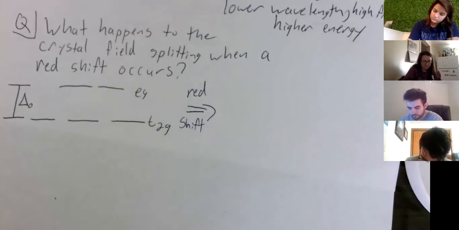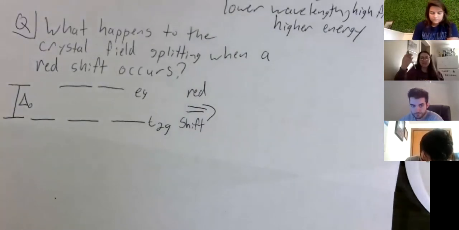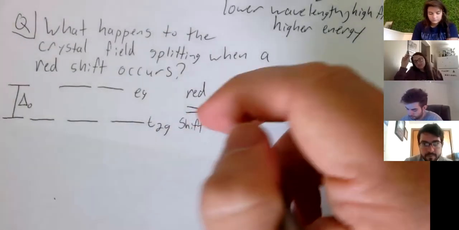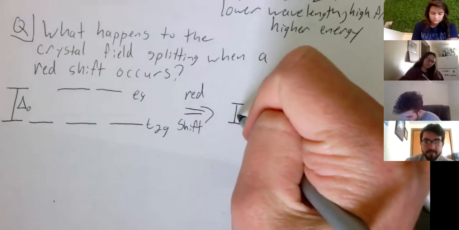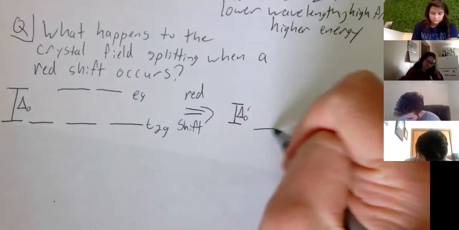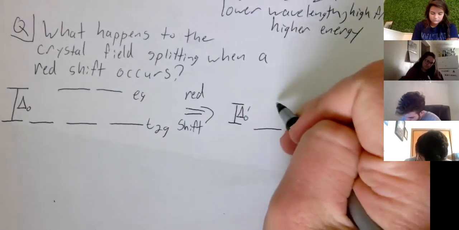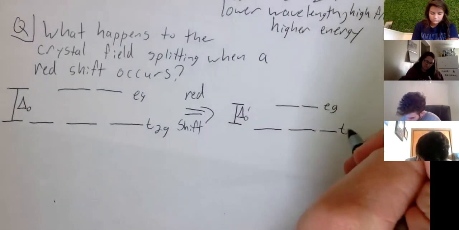What's going to happen there? The energy is lowering, so they're going to get closer together. Yep, the energy is lowering, so they get closer together, e.g., t2g.